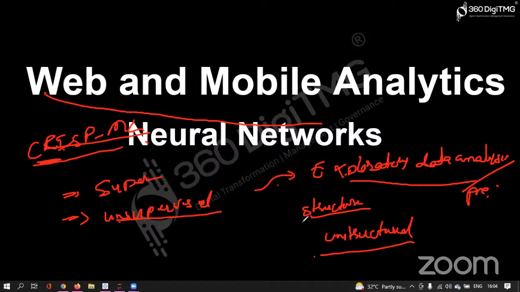When the data is in the form of tabular, rows and columns, in that case, we will be calling it structured data. And if we are not able to put that data into tables, we will be calling it unstructured data. Textual is also one of the unstructured data types.